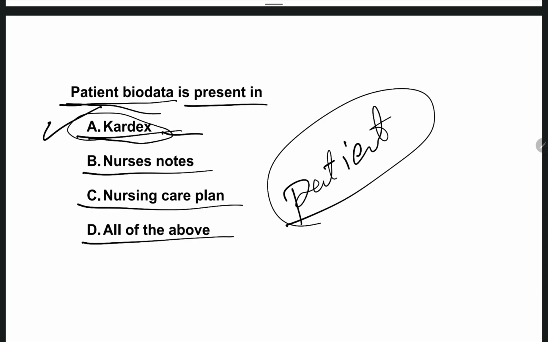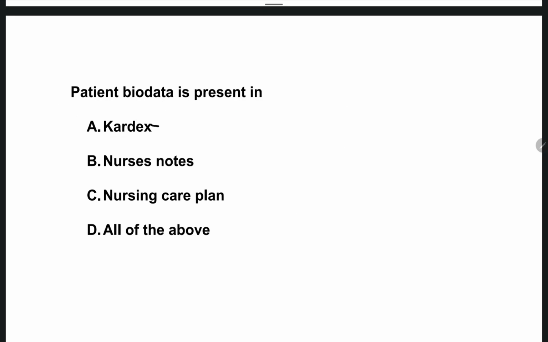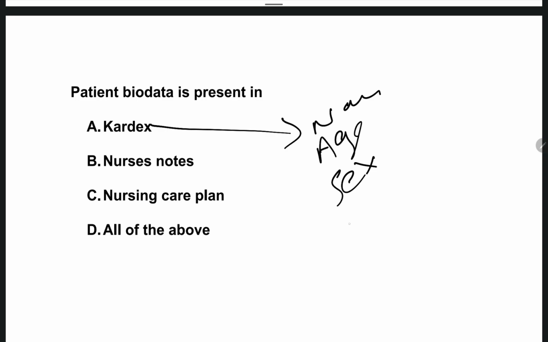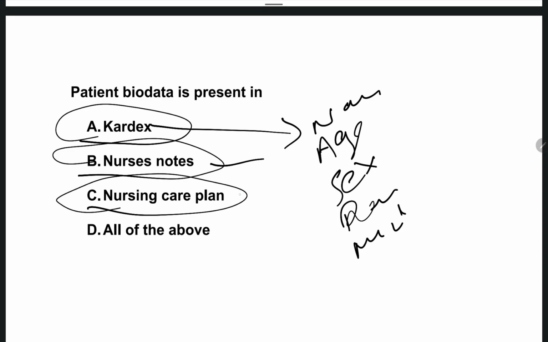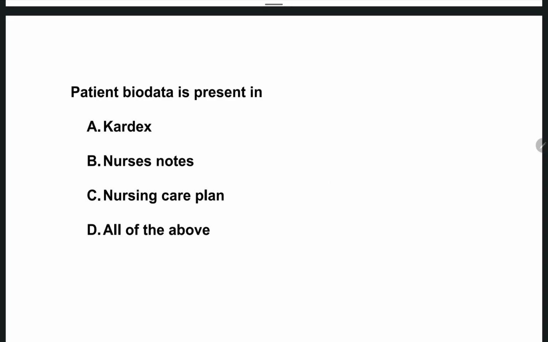In the cardex, name, age, sex, religion and medications, all the things will be present. Nurses notes is about the nursing care. Nursing care plan is the nursing interventions. All of the above is wrong. So the right one is option A.